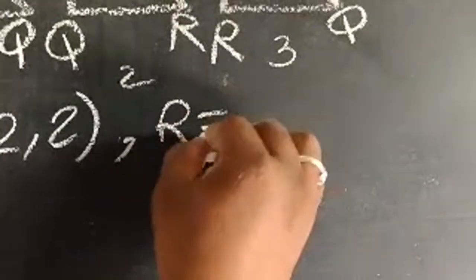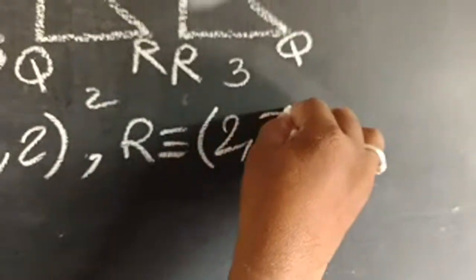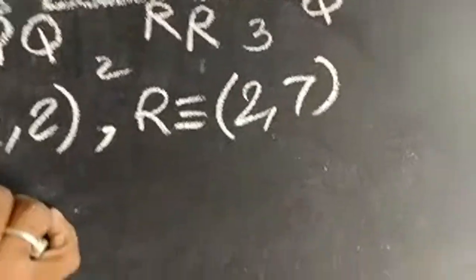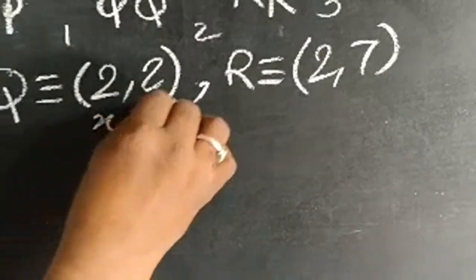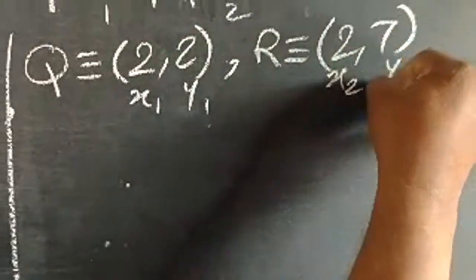R is equal to (2, 7). This is x1, y1 and here x2, y2.